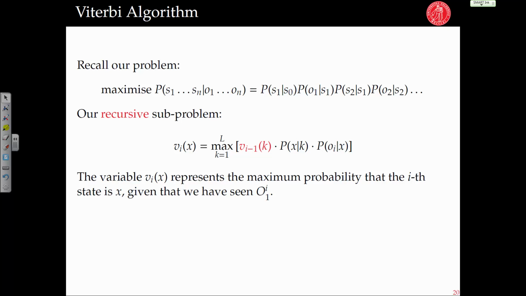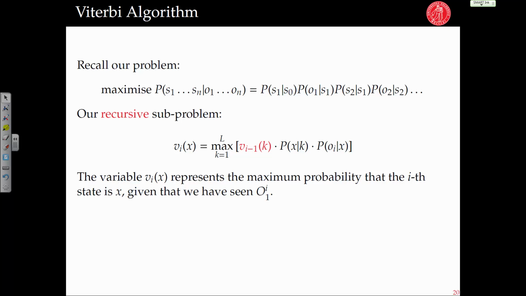So we want to compute vi of x. What we do is go through all the possible ways to transition from i minus 1 to i, and we compute the probability, or the maximum. I think the maximum is very important to emphasize here.